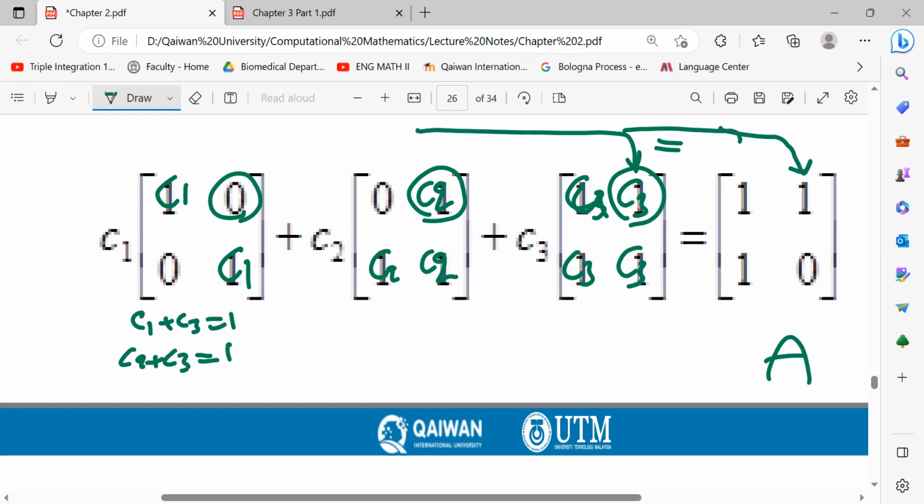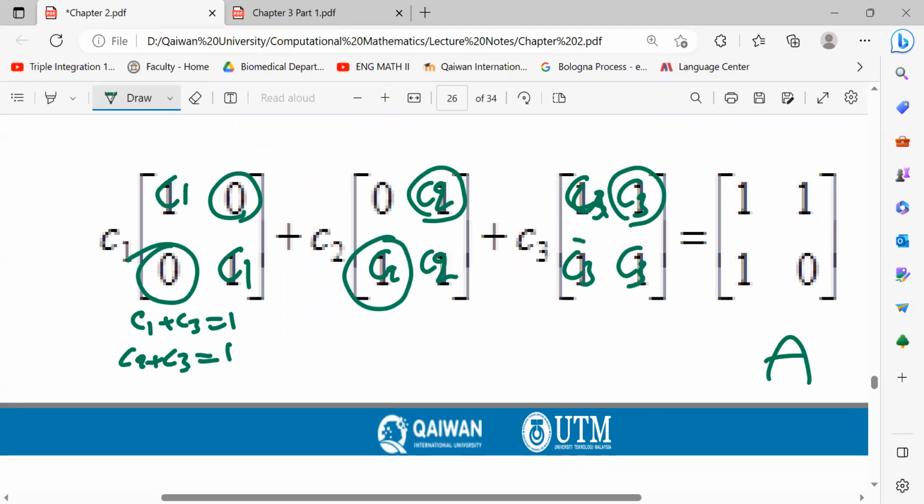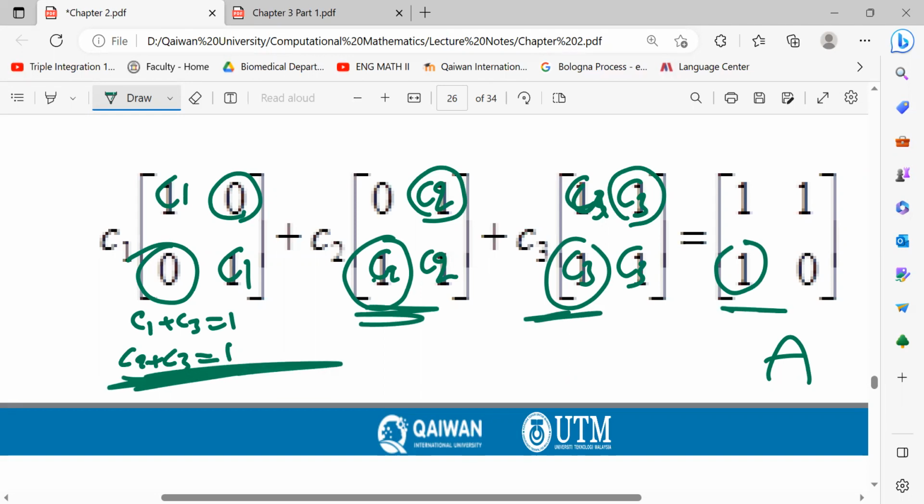Then this one plus this one plus this one is equal to this one. So this C2 plus C3, we got the same equation. So we just use one of them. We get C2 plus C3 is 1. So we already found this. We don't need to write it down again.